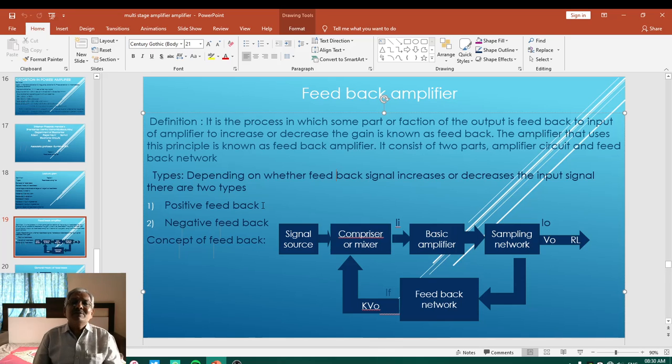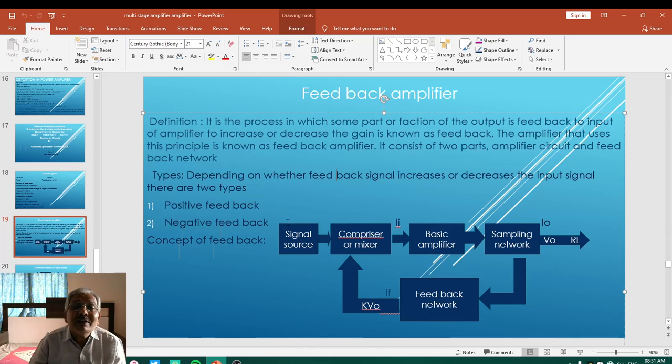In this case, the feedback factor is positive, and it is always less than 1.